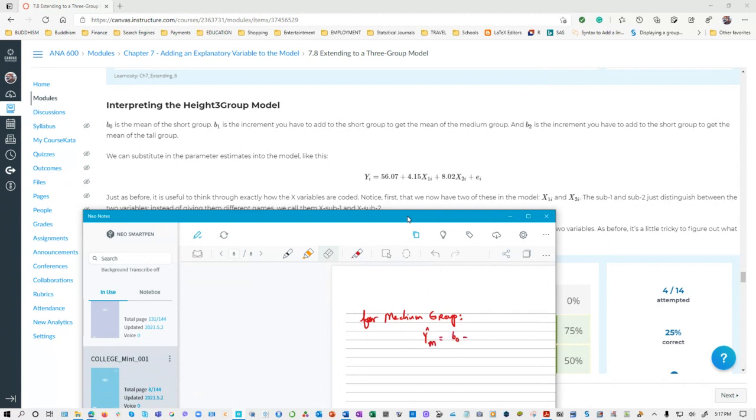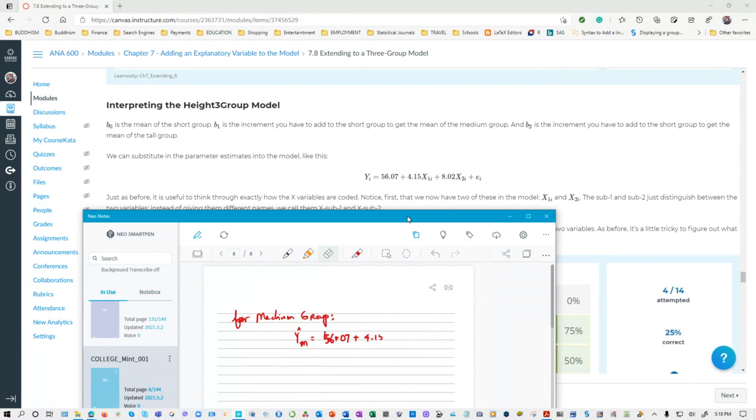We have B0, which is 56.07, plus 4.15 times 1 plus 8.02 times 0.